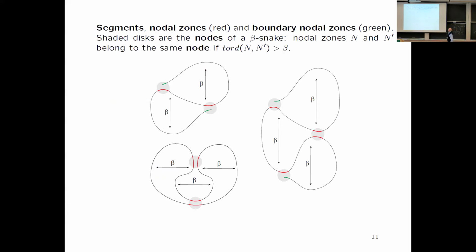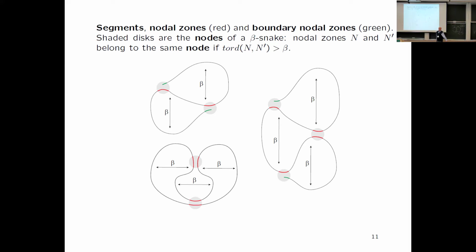So that's how it looks. Here's our snake. There are nodal zones in red here. In black is some segment zone. And at the end, there are some other zones where you could put this boundary arc here, or here, or a little bit further.